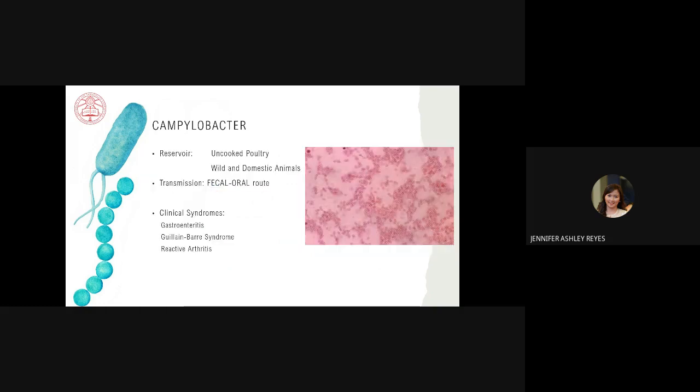So, ano ba ang clinical impact of the burden ng Campylobacter? First, let's take note, ano ang reservoir or saan ba nasa-store or ang habitat ng Campylobacter. So, Campylobacter can be found on uncooked poultry and wild and domestic animals. Paano ang transmission ng Campylobacter?